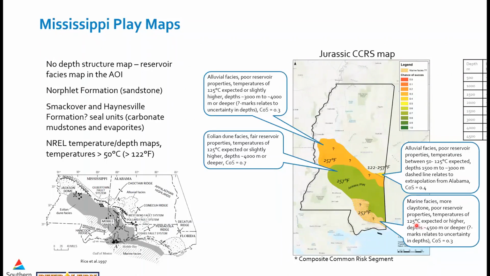It has high temperatures and a depth of 4.5 kilometers or deeper. So because of the uncertainty and because of the depth, it has been put as 0.3 for the chance of success.